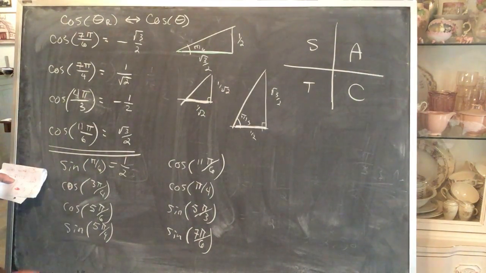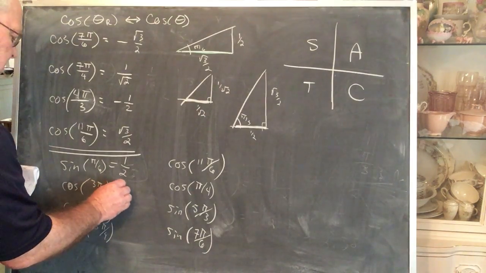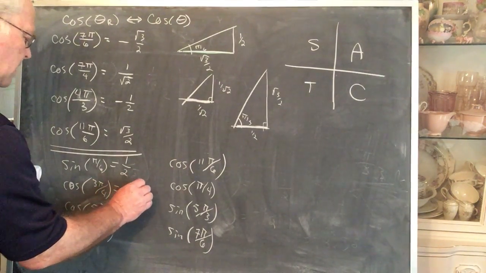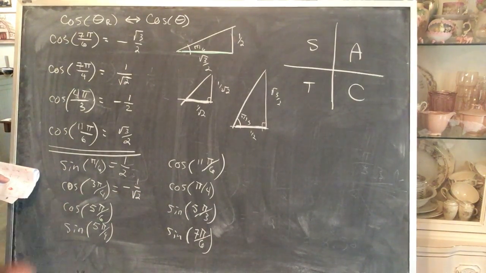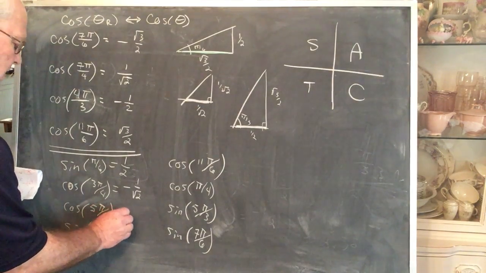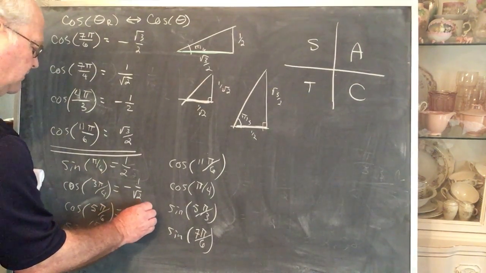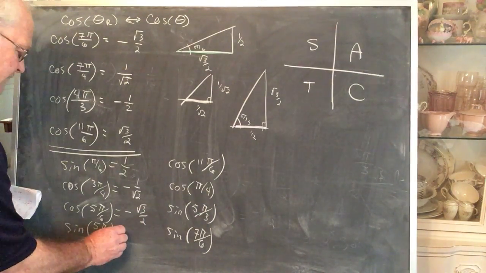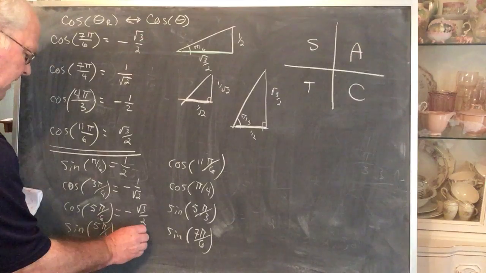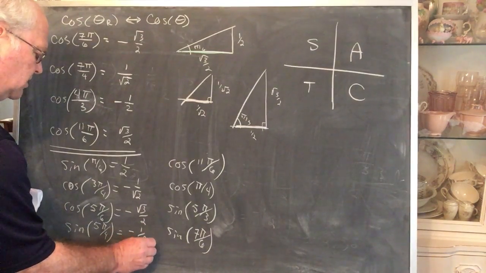Cosine of 3 pi over 4 is negative 1 over square root 2. Cosine of 5 pi over 6 is negative square root of 3 over 2. Sine of 5 pi over 4 is negative 1 over square root of 2.